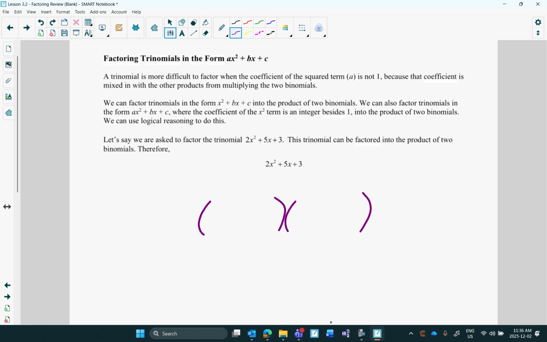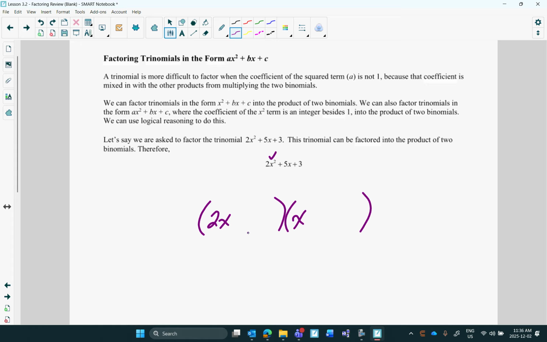Well, these first two terms here must multiply to get 2x squared. What do these terms have to be? 2x and x. So I know that if I multiply this back through, it's going to work here. These two numbers must multiply to get the end in the original.